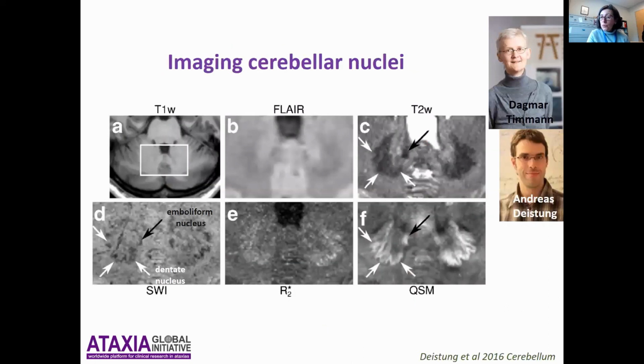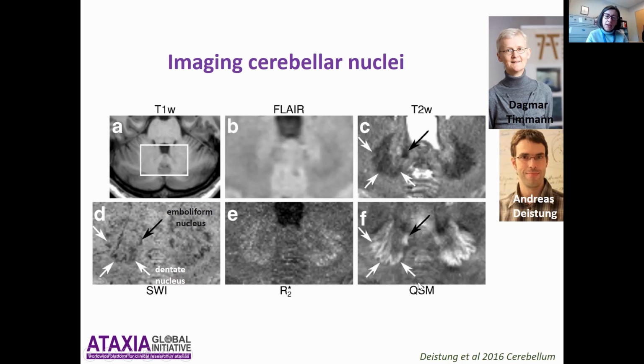So we don't always look at the global cerebellar changes, gray matter or white matter. We can even get down to cerebellar nuclei with these more research applications and modalities. And here's an example from Dr. Dagmar Timmann's group, where they looked at different imaging techniques that are iron sensitive: FLAIR, that you already heard of from Sirio, T2-weighted, SWI, R2 star, and quantitative susceptibility mapping.